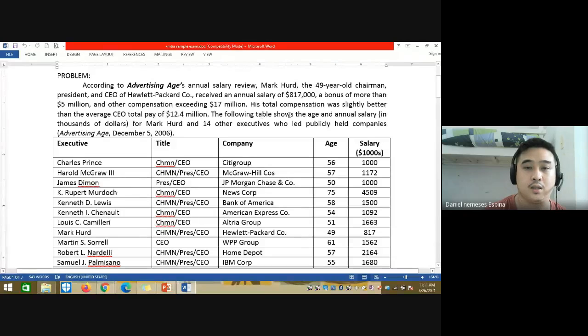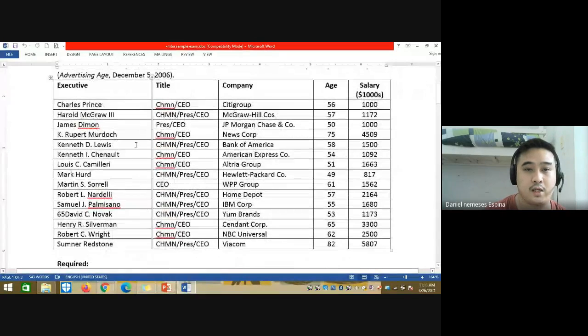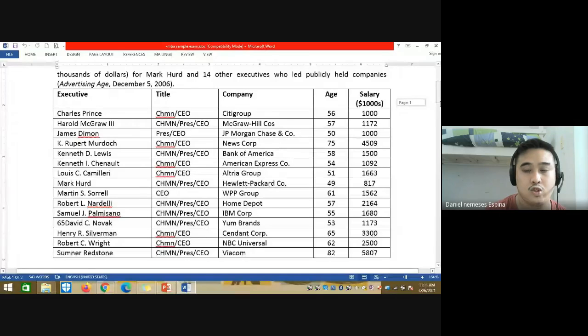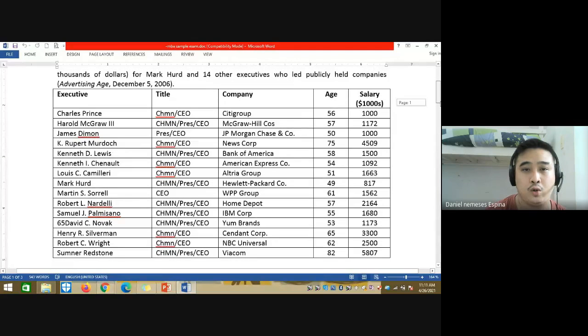$12.4 million. So we have a table here showing the age and annual salary of the executives who lead publicly held companies. These are the names of the executives, their title, the company they are connected with, the age, and then the salary. In this problem, we're trying to first compute the correlation between age and the salary of these executives.